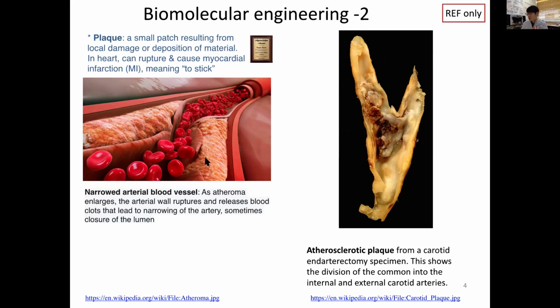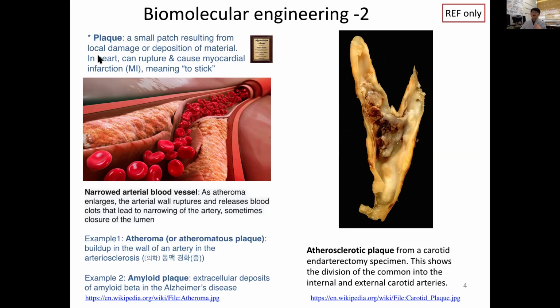This atheroma enlarges in the arterial wall, can rupture, and can release blood clots that lead to narrowing of the artery, sometimes complete closure of the lumen. Think about this happening in your heart and the feeding vessel to your heart muscle, then this blockage can cause death of the heart tissue, and that can cause a heart attack. In medical terms, we call it myocardial infarction. Myo means muscle, cardial means heart, so it's heart muscle infarction.